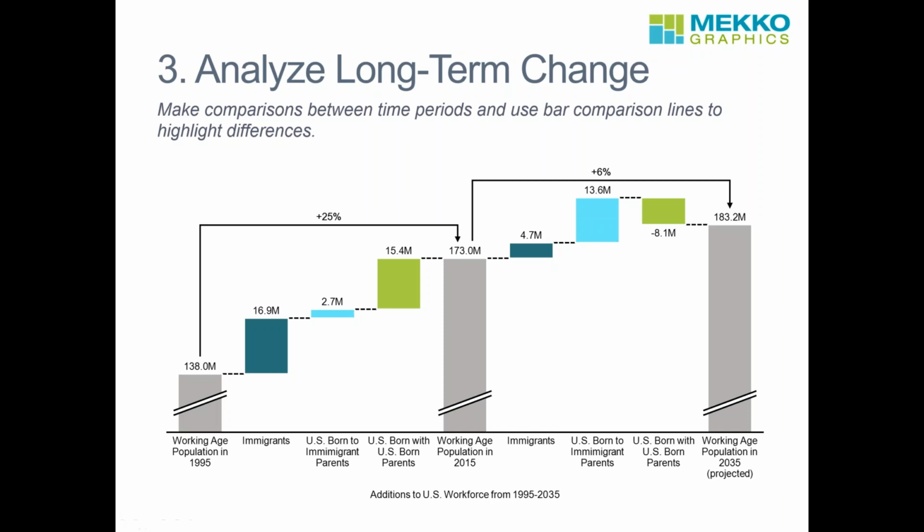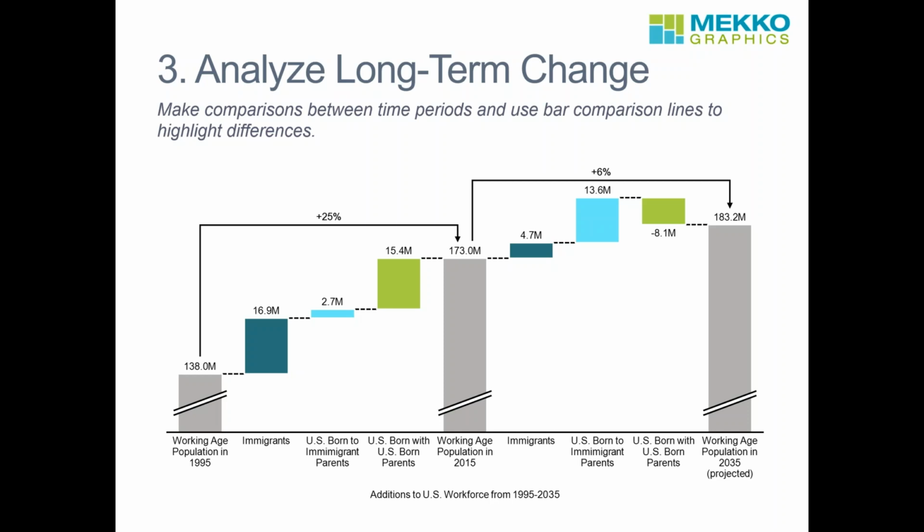So in terms of features for this chart, in terms of use case, I wanted to point out that you can have multiple time periods and use this chart to show not just change between Q1 and Q2, but change between Q1, Q2, and Q3.